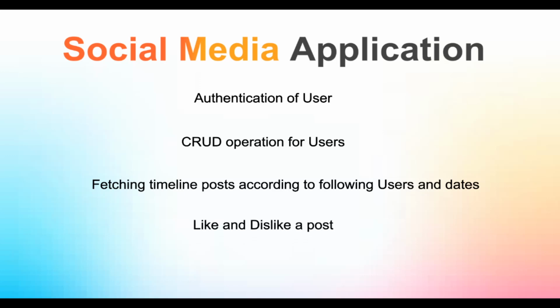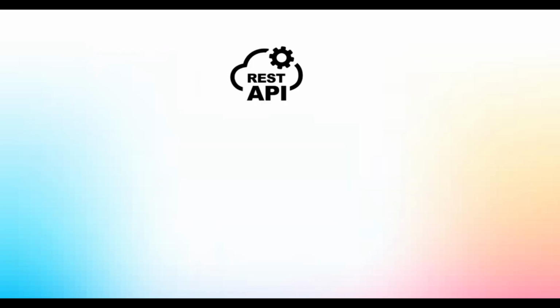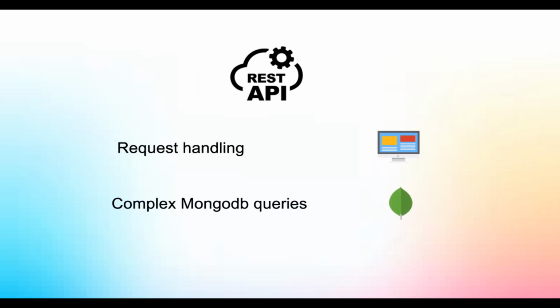And yeah, as we have the post, so definitely we have to create, read, update and delete operations on the post as well. So overall, after completing this REST API tutorial, you will have confidence on how to do request handling, how to make complex MongoDB queries, and how to perform the routing on the server side.